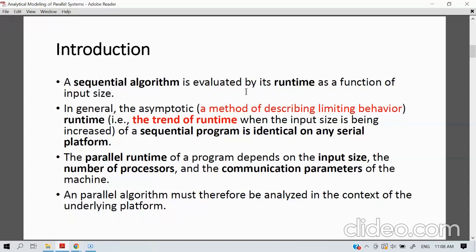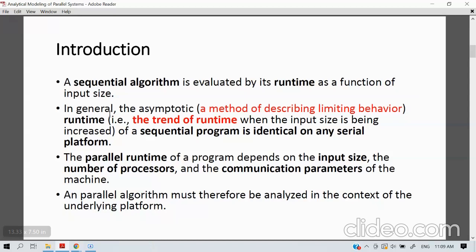Before we evaluate our parallel program or parallel algorithm, we need to know how to evaluate the sequential algorithm. So the sequential algorithm is evaluated by runtime, as a function of input size. So we need to know the runtime, usually from the start until the end of the program.